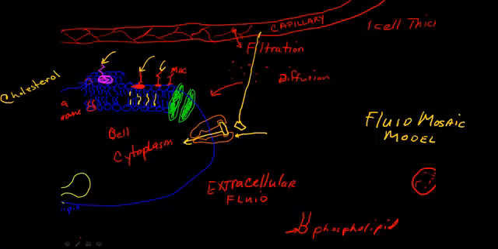And that's how the cell controls how much sugar comes into it. This is a very, very specific receptor, a specific protein. It's an insulin receptor. It's a good example because everyone understands that.